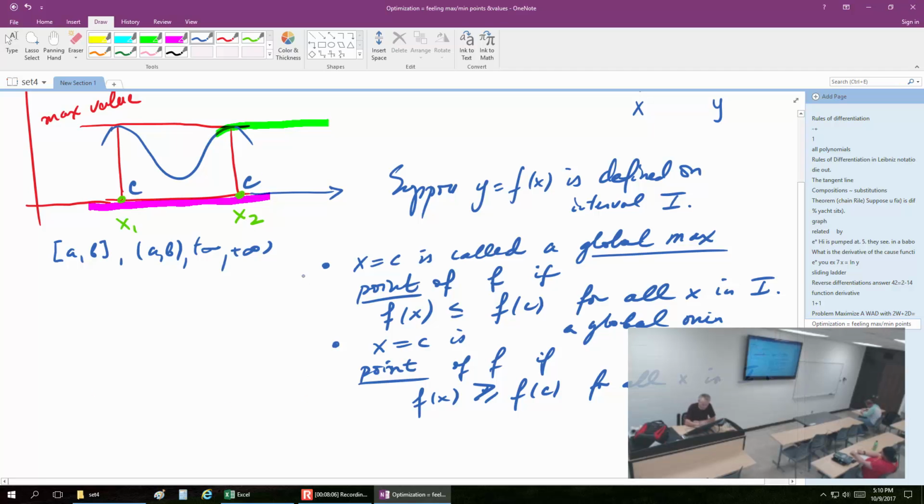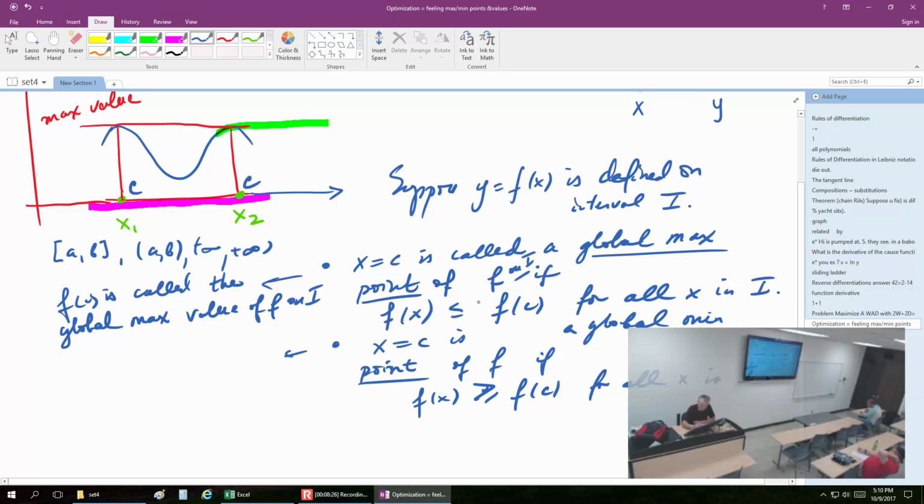Okay, so then f of c is called the global maximum or maximum value of f on I, or maximum on I. So function and its domain are in play here.